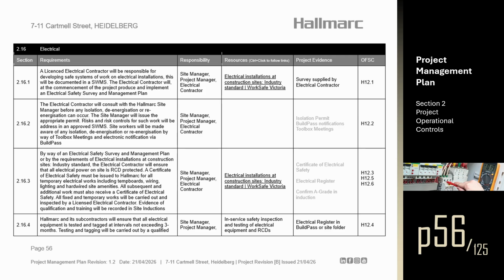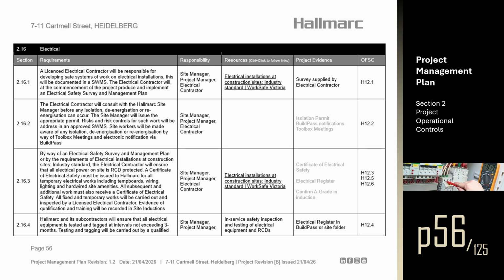Section 2.16.4. Hallmarc and its subcontractors will ensure that all electrical equipment is tested and tagged at intervals not exceeding 3 months. Testing and tagging will be carried out by a qualified electrician or a competent person with recognized test and tag training and documented accordingly.